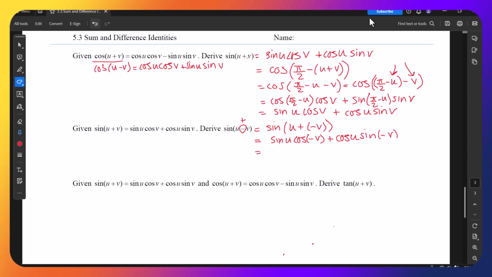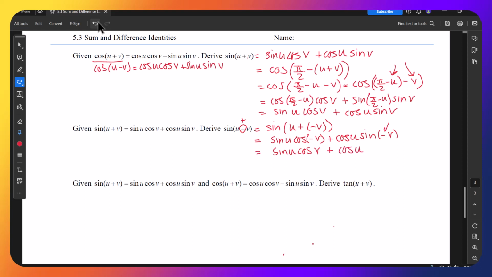All right, and then we manipulate this a bit. Cosine is an even function, so I'm going to write it as sine u cosine v plus cosine u.